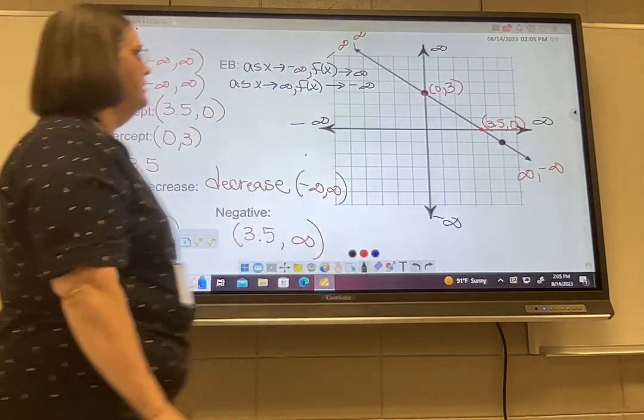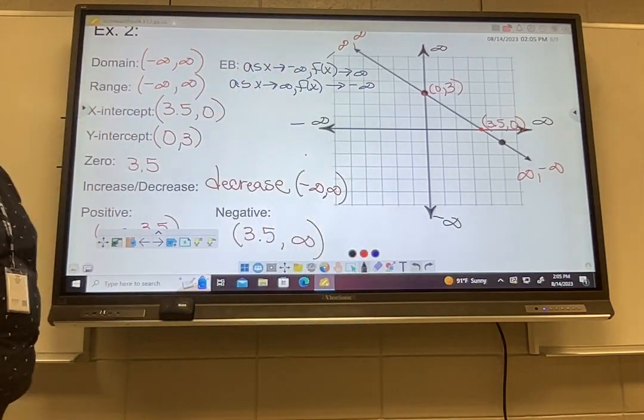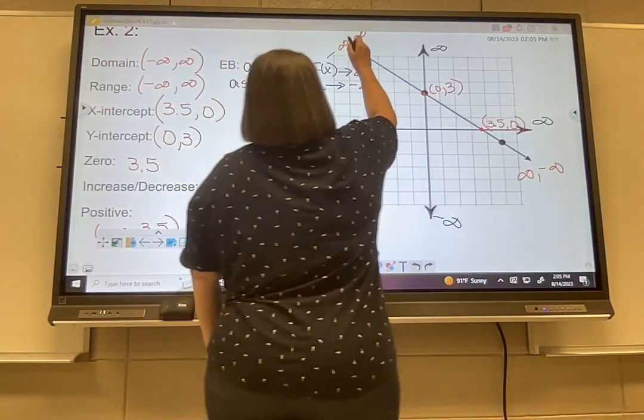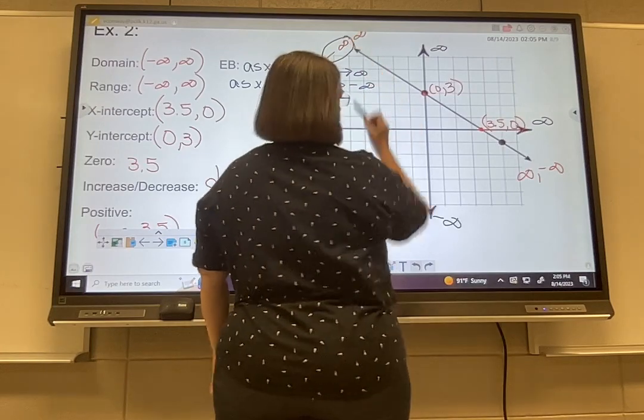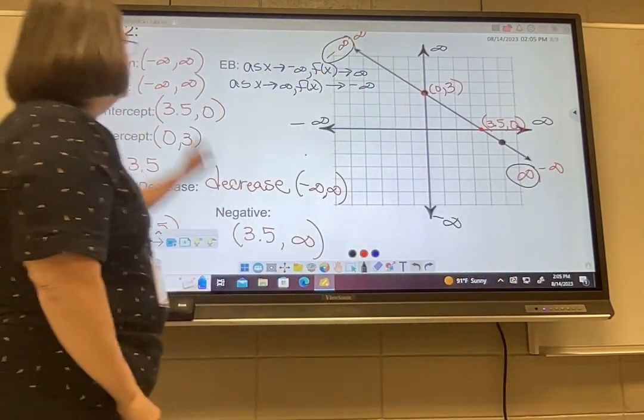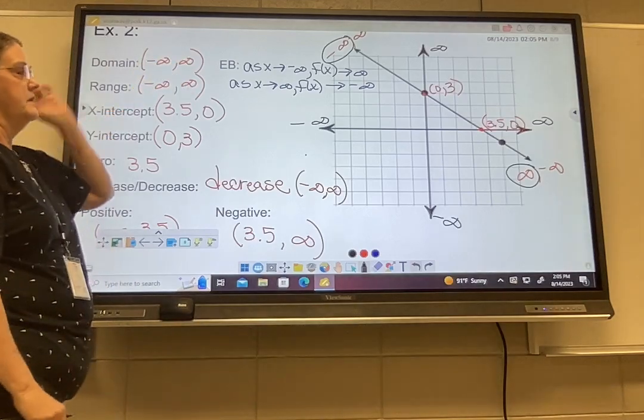So if we're looking at our domain, remember that's all possible x values. So my lowest x value that I have on the graph is right here at negative infinity, and my largest one's infinity. So that's going to be from negative infinity to infinity.